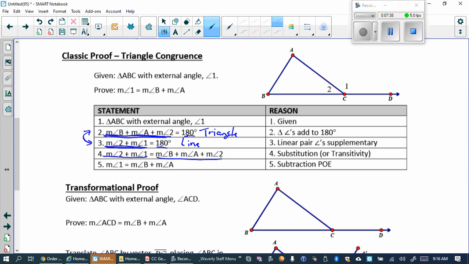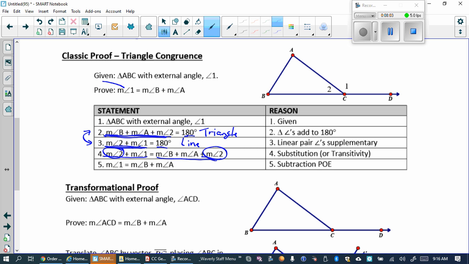So what can we do to both sides of this equation to simplify it? Subtract the measure of angle 2 from both sides, right? We can subtract that and that out from both sides of the equation. And what does that leave us with? Measure of angle 1 plus measure of angle A. So this is all we're left with.